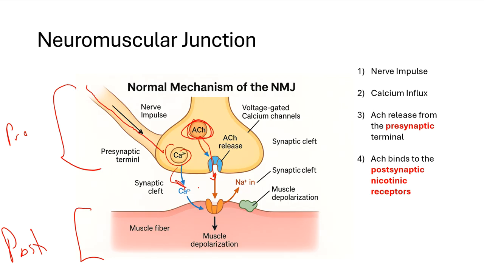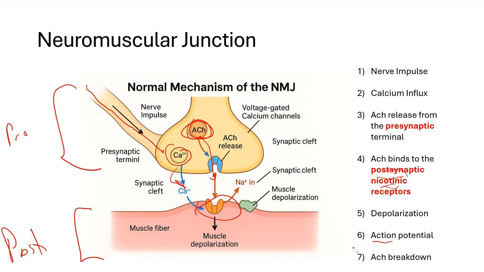This acetylcholine diffuses across the cleft and binds to nicotinic postsynaptic receptors seen here. This leads to some sort of depolarization via allowing sodium into the cells and potassium out, which then causes a muscle action potential and in turn a contraction.